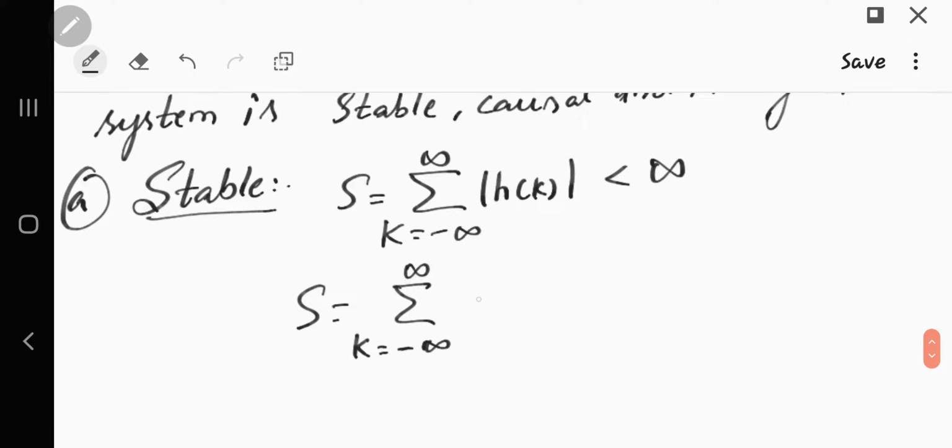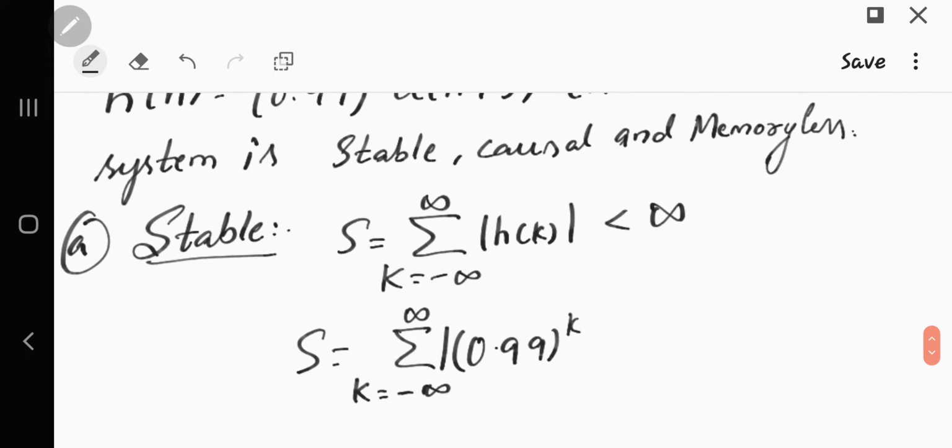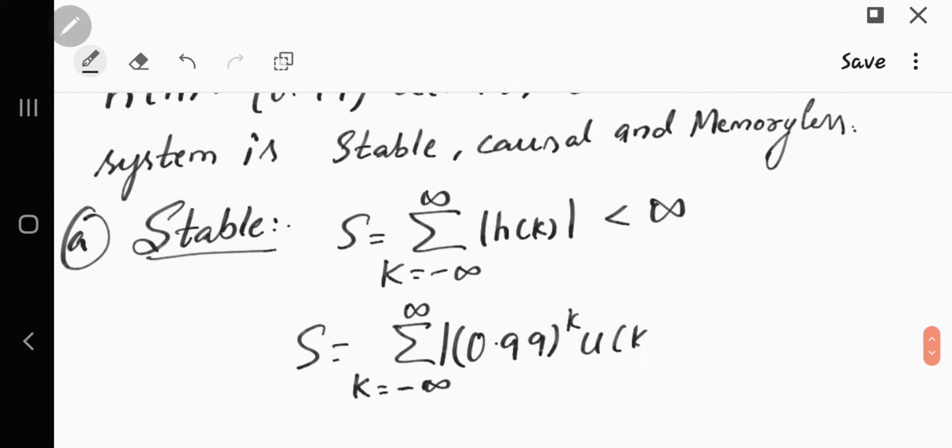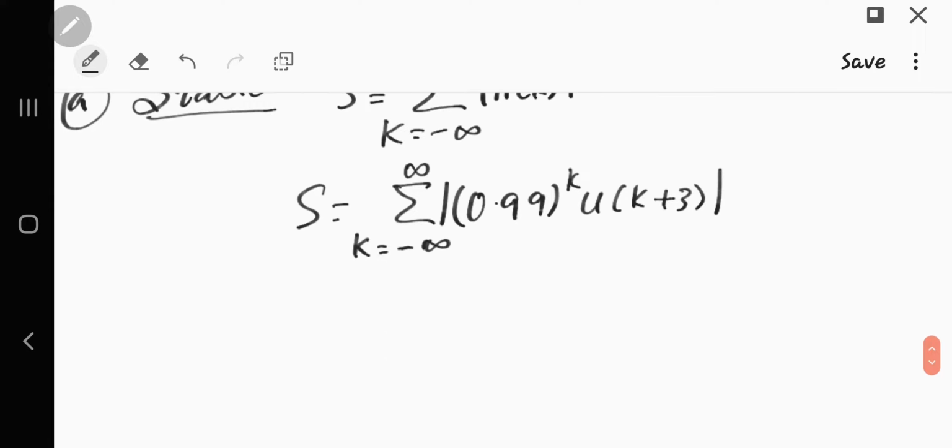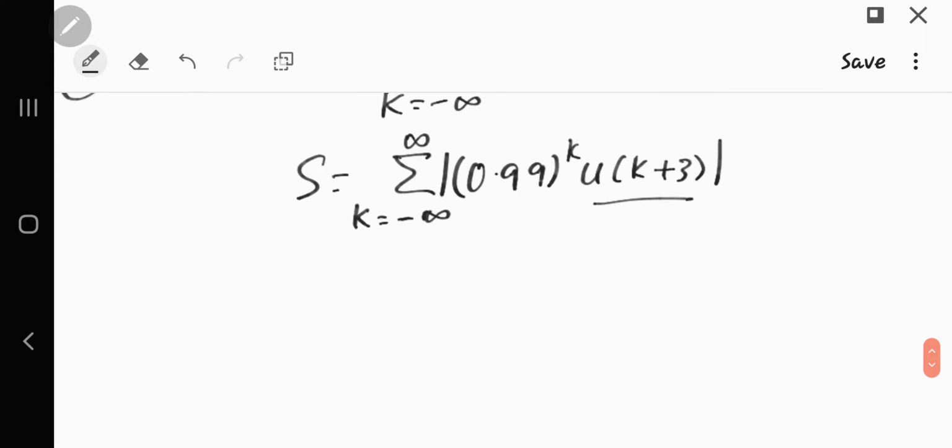Let's substitute the value here: 0.99 to the power of k, and u of k plus 3 is given. Now we have to take the limit here. So I am directly writing this limit.